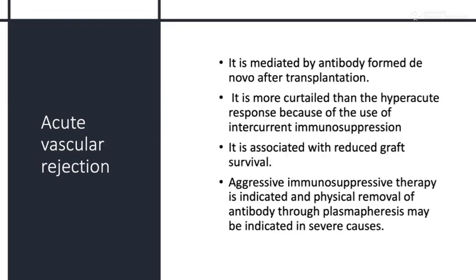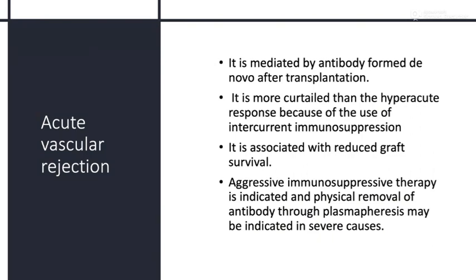Acute vascular rejection is mediated by antibody formed de novo after transplantation, newly formed. It is more curtailed than the hyperacute response because of the use of intercurrent immunosuppression. It is associated with reduced graft survival.